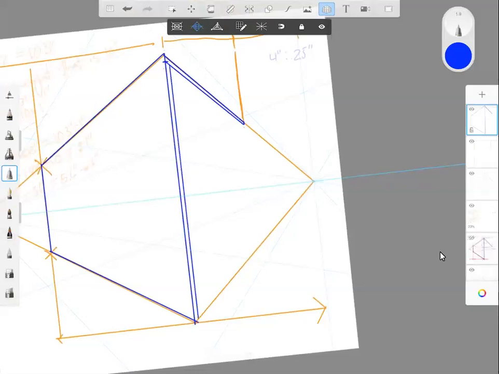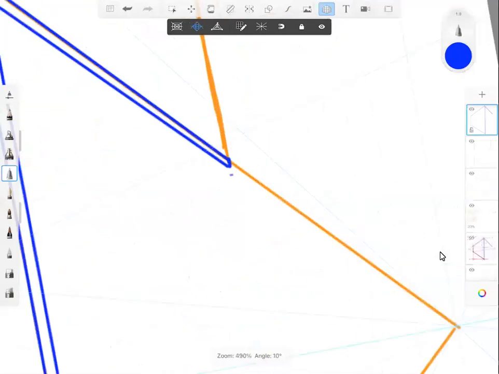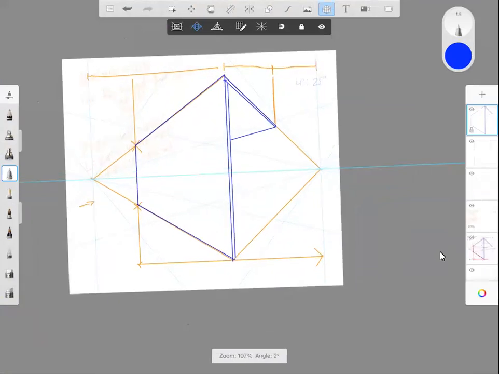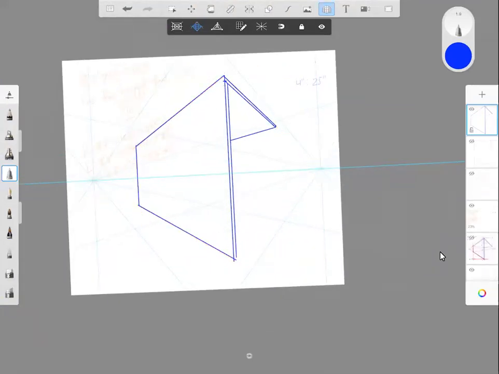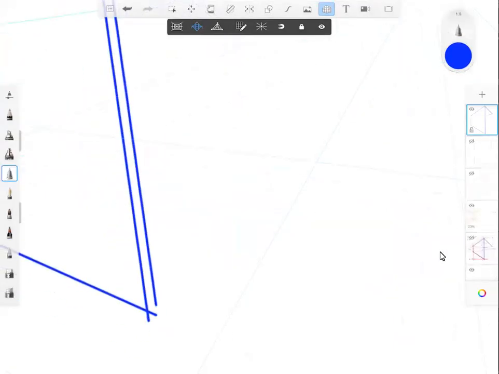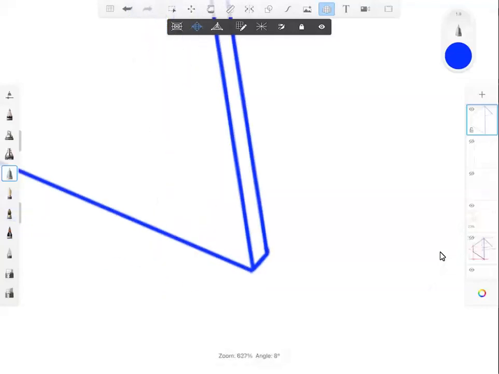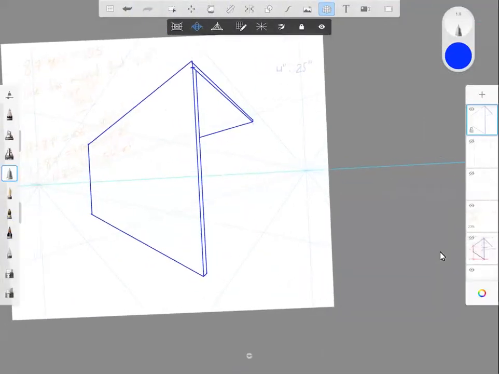Then this from the bottom goes there. So now we have something like that.